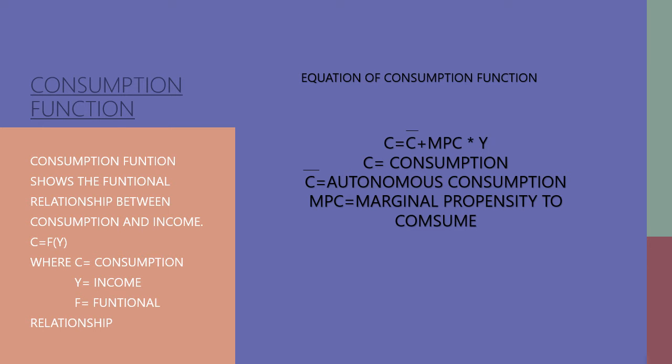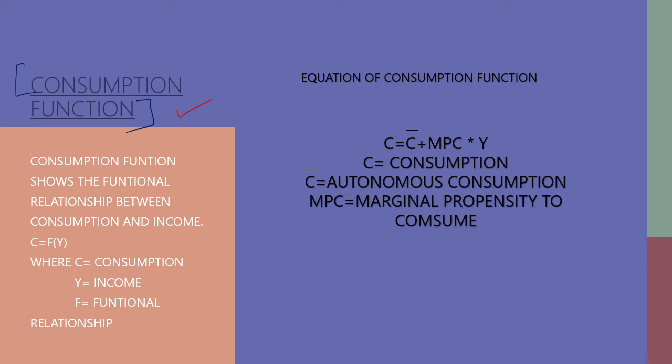So consumption function, what is consumption? First of all, consumption is what we are consuming. How are we consuming? From our income only we are consuming, right? Only if I have income can I consume.